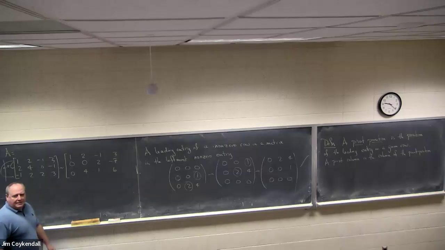By the way, can anybody tell me what one pivot position is? Any of them? Yeah, it would be the 2 in the second row, third column.